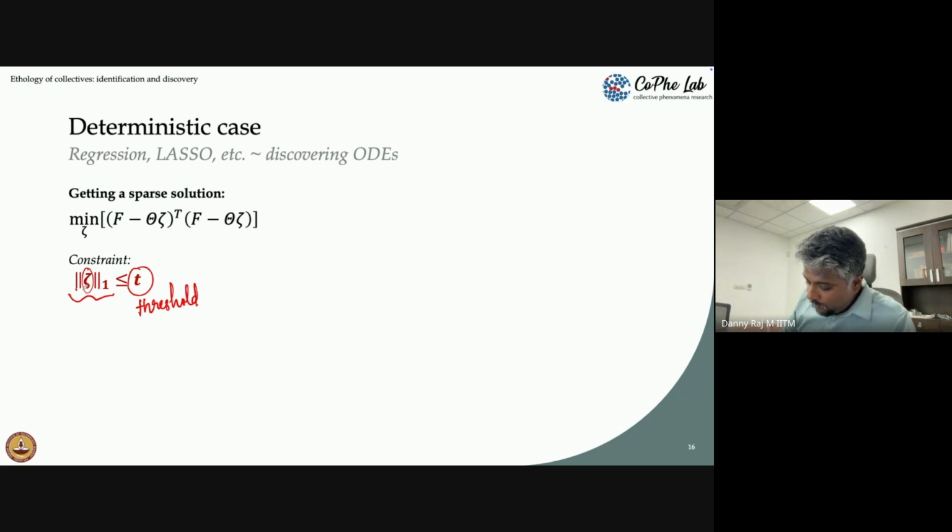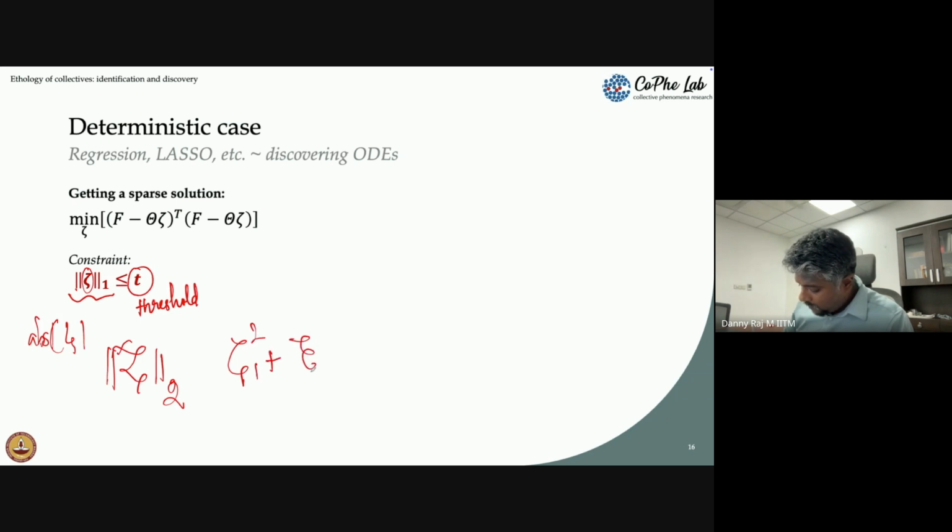What this is doing is it's taking the absolute value of chi and adding it up. So if there was a 2 norm, it would mean chi1 square plus chi2 square and so on.